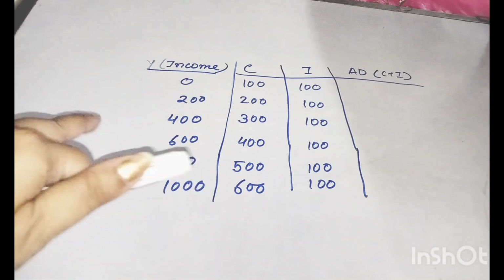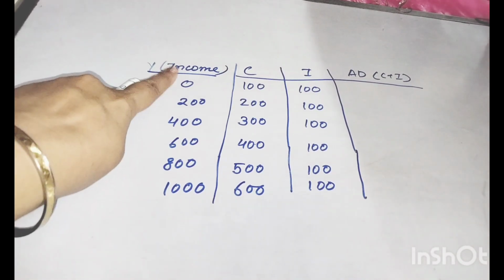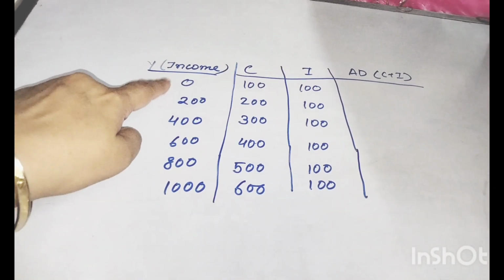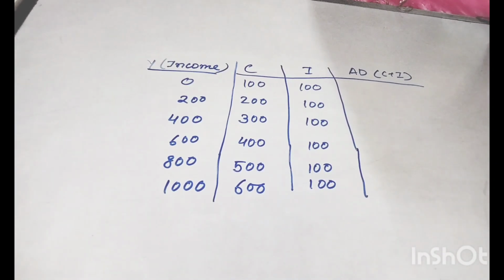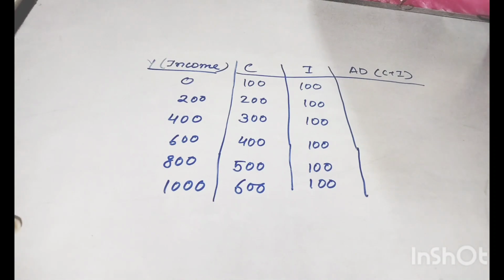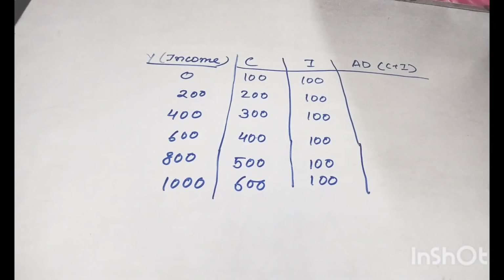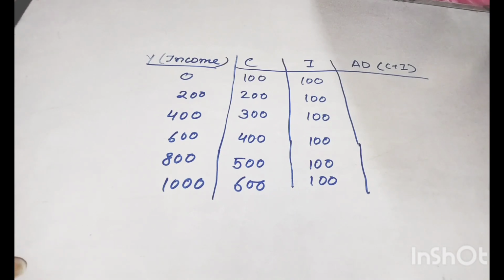First, when your income is zero, your consumption is not zero. That means at zero level of income also we need to consume something.